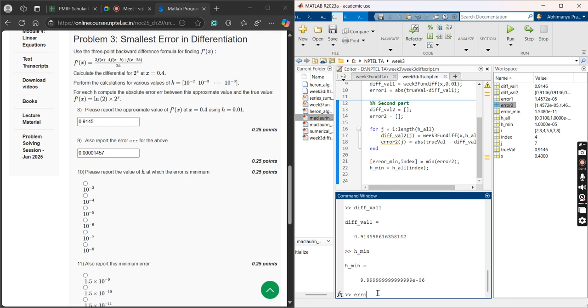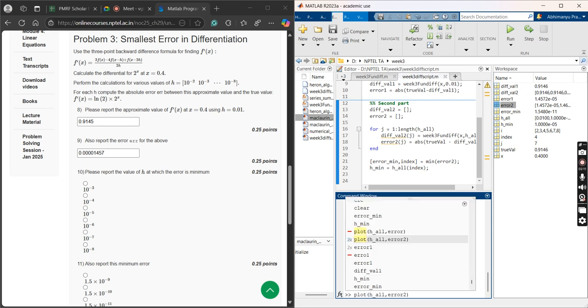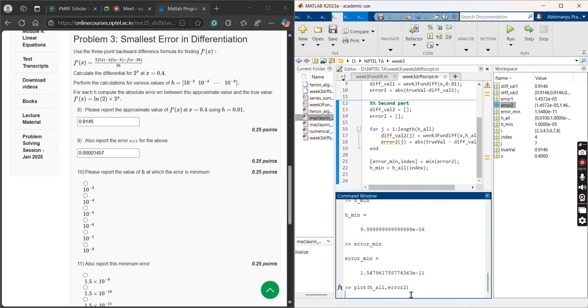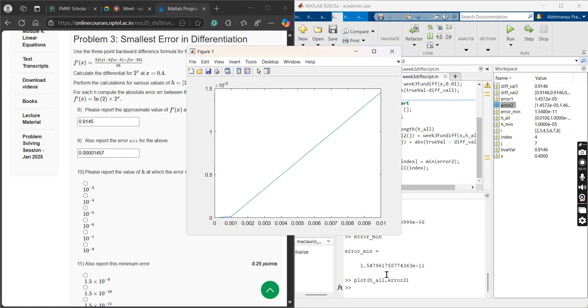And error min, yeah, okay. And if I plot it, yes, no, nothing, no plot open, right? Fine. So minimum is for 0.001, and afterwards the error again starts to increase.